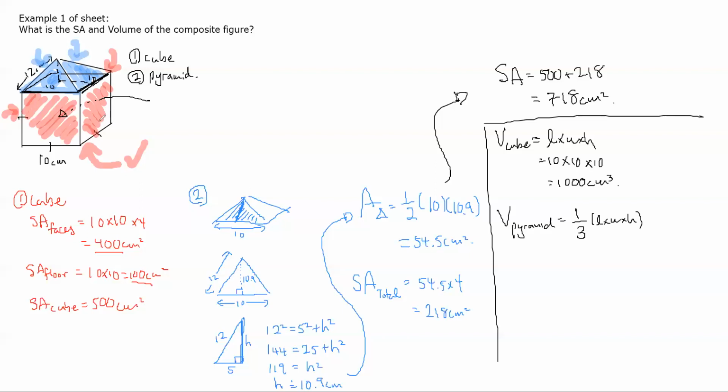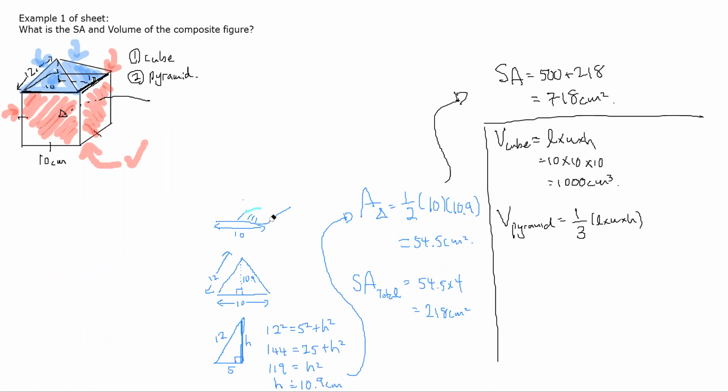Any thoughts? Any thoughts at all? You know what? I'm going to erase this. While you think about it, let me erase this because I realize I might need more space than I thought. Think about it. How might you calculate the actual vertical height of that pyramid, not slanted height?